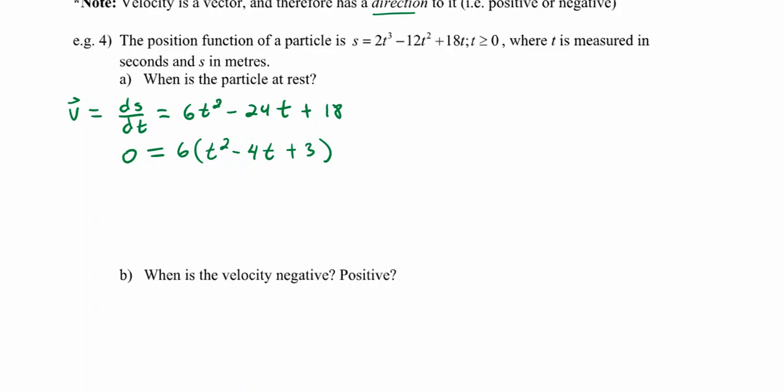Okay, and then we'll just factor. And we get t minus 3 and t minus 1 for our factors there. So then this is going to happen at t is equal to 3 seconds and 1 second.